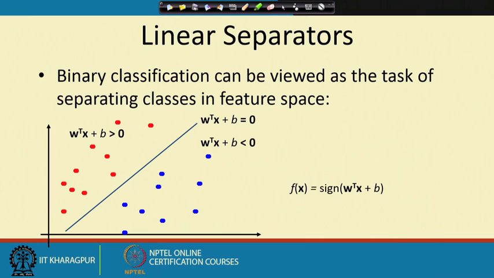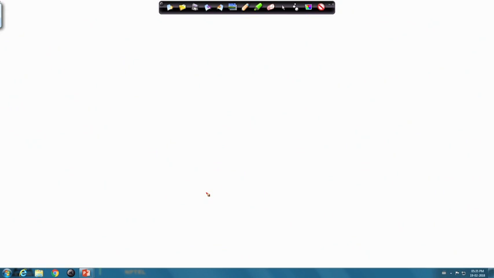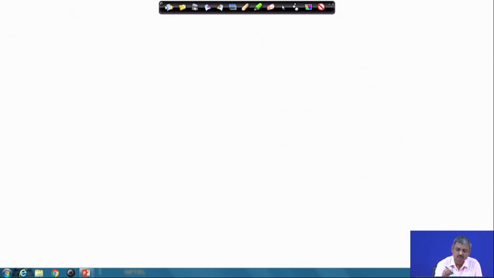Let us continue our discussion on the linear discriminant. So, let us see this picture. I have two classes, marked by red and blue points.